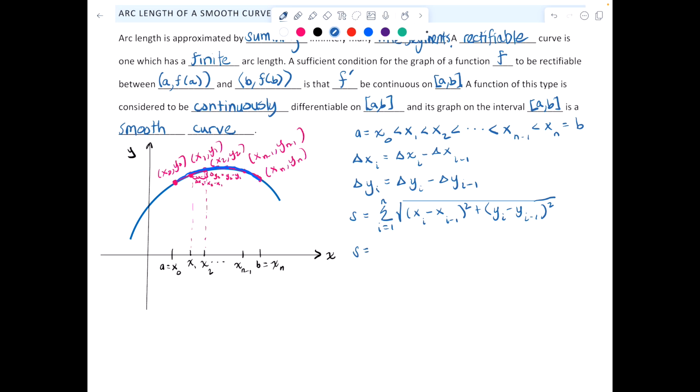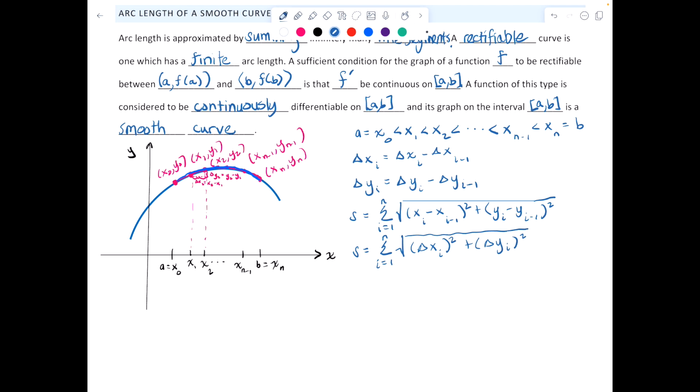And then S will equal the summation as i goes from 1 to n of the square root of, well, we said that this was delta x_i squared plus delta y_i squared.